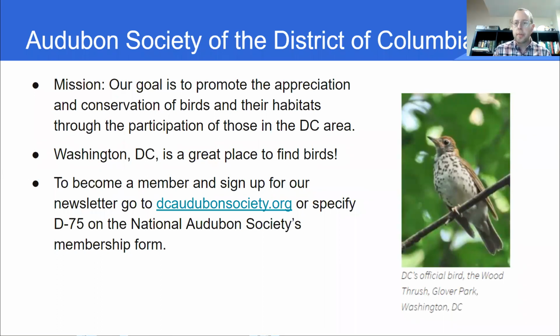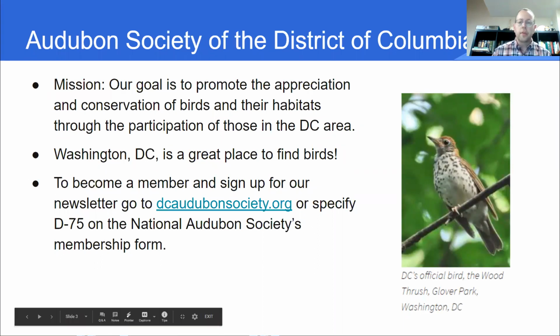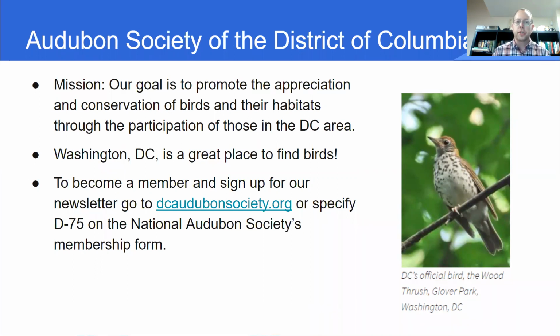So let me just tell you a little bit about DC Audubon. I'm not sure how many people have had any contact with us over the years, whether it be going through some of our bird walks or encountering us at some events where we've been tabling. But the Audubon Society of the District of Columbia exists to promote the appreciation and conservation of birds and their habitats in the Washington, D.C. area. And we do this through a variety of different activities.